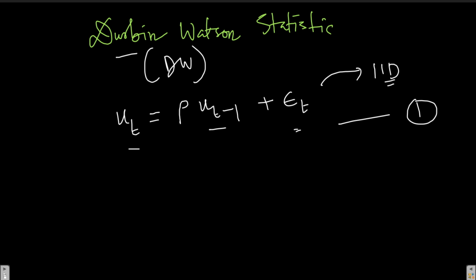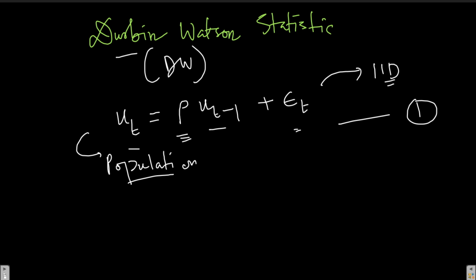Now we know that this is about the population, so we really cannot get the ut or ut minus 1 or even the innovation term, because they are in the population, so we can never estimate that. What we can do instead is use some sample data to estimate something that will be a representative of rho.